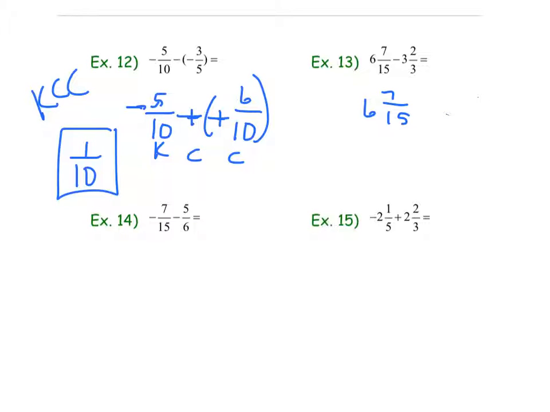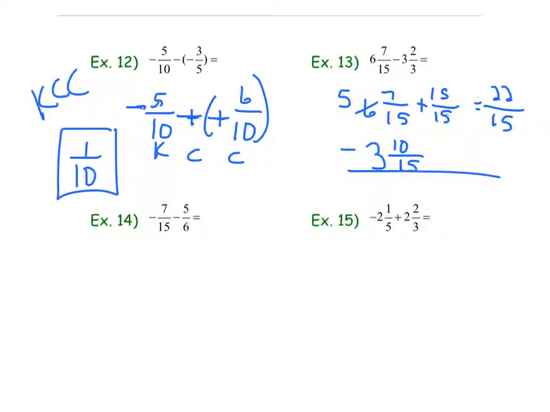You can do it however you want, but I'm going to subtract 3 and 10/15. And remember this from pre-algebra, because the 10/15 is bigger, I have to borrow, make that a 5. And then I have to add 15/15 to the 7/15. So I'd get 22/15. And then I'm going to subtract.